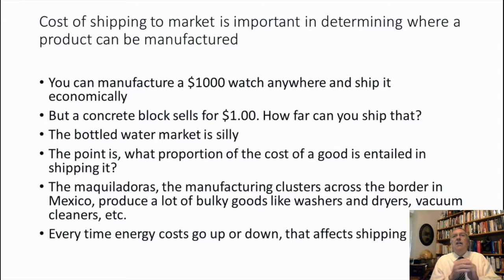And literally, distance also comes in the fact that they are just located across the border. If you're shipping 50,000 washing machines a year, the fact that you're located in Ciudad Juarez, just across the border from El Paso, or you're located in Matamoros, just across the border from Brownsville, Texas, or wherever, the fact that you're only 10 miles away from the United States is significant.